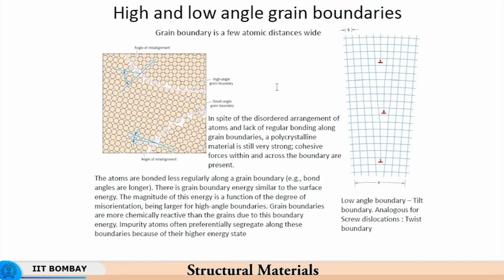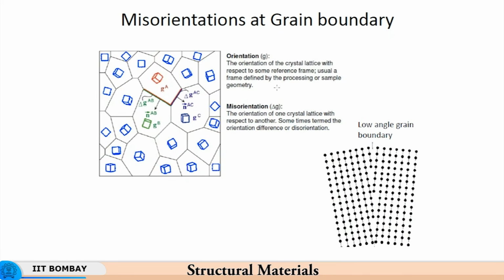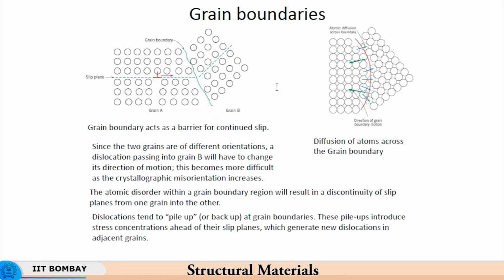So these grain boundaries are able to accommodate these interstitials very well. Now we see these misorientations. Using certain techniques like EBSD, electron backscatter diffraction, you can get the misorientations at the grain boundaries.